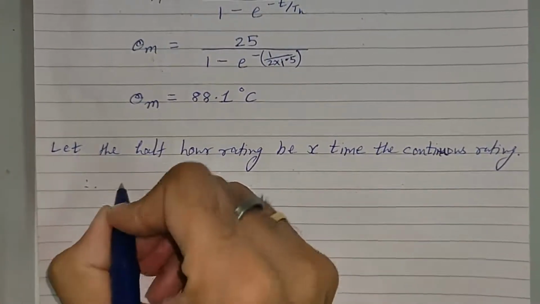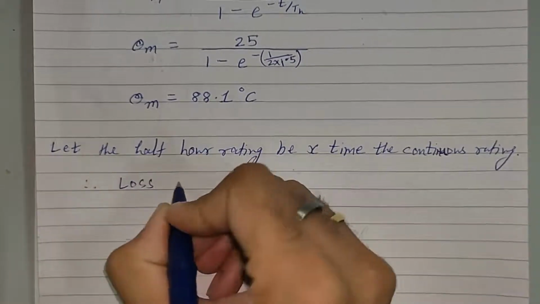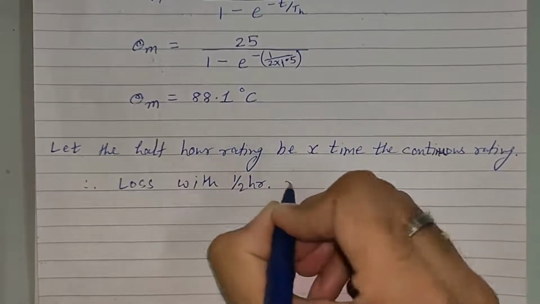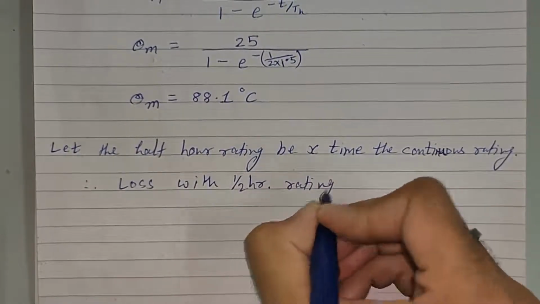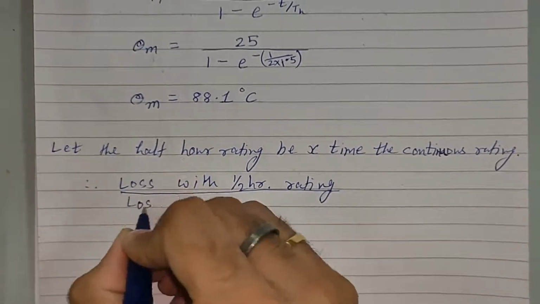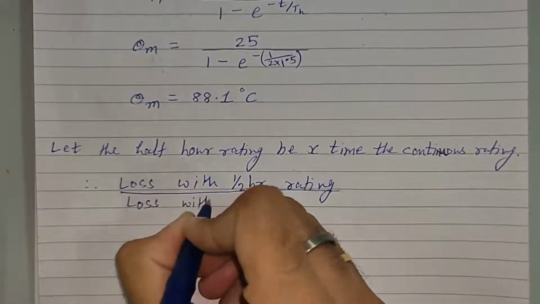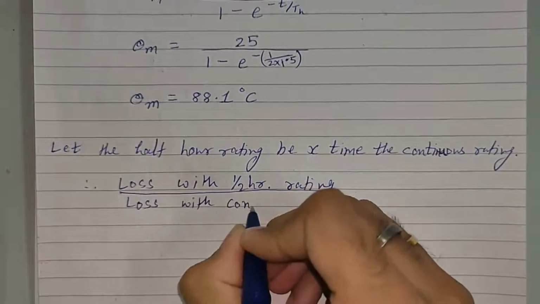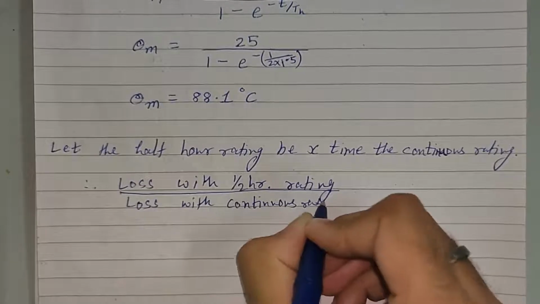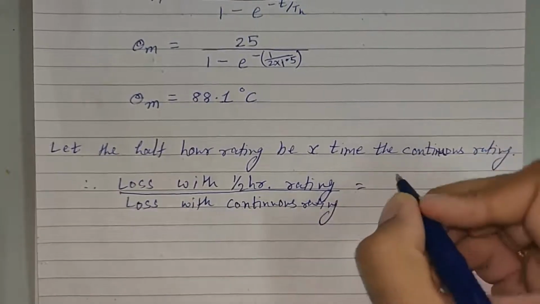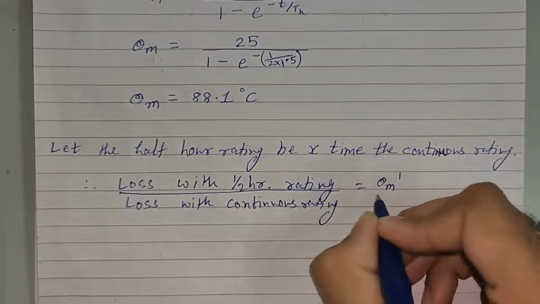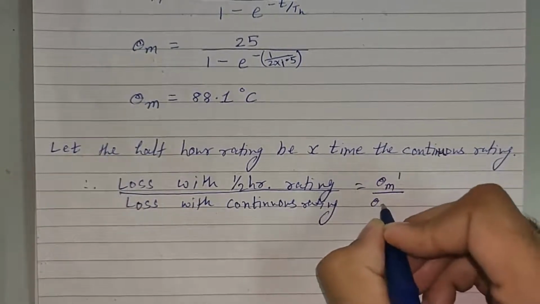Therefore, the loss with half hour rating divided by the loss with continuous rating is equal to theta m dash upon theta m.